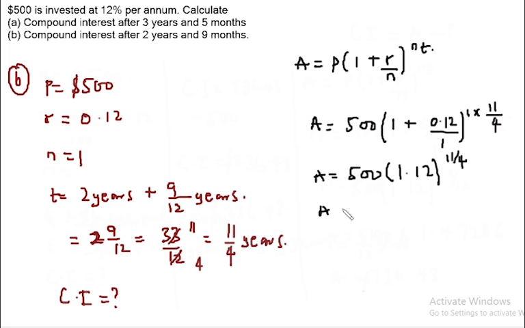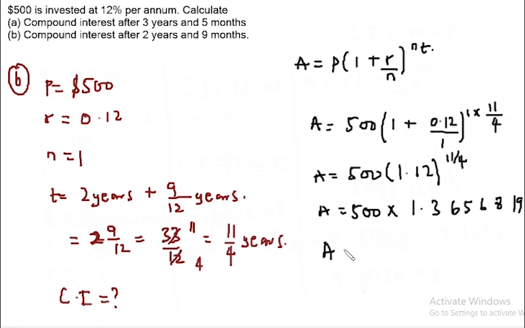So we have A is equal to 500 times 1.12 to the power of 11 over 4, which is 1.36568197 to 8 decimal places.